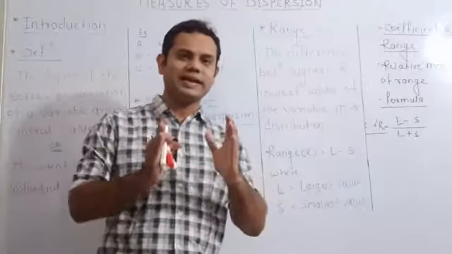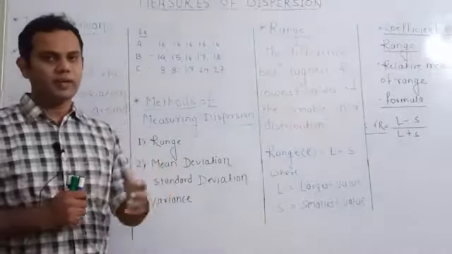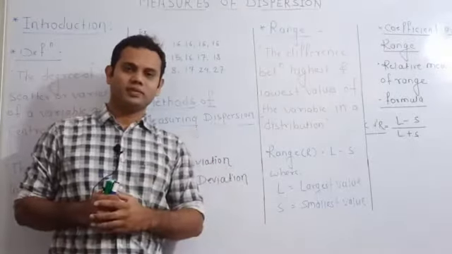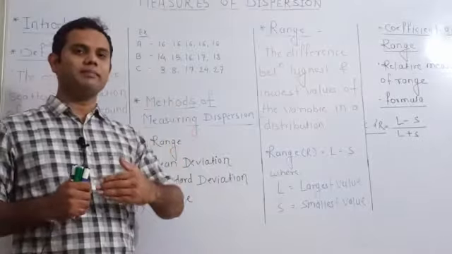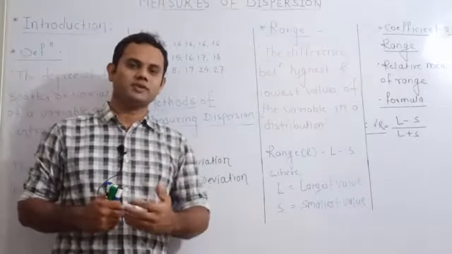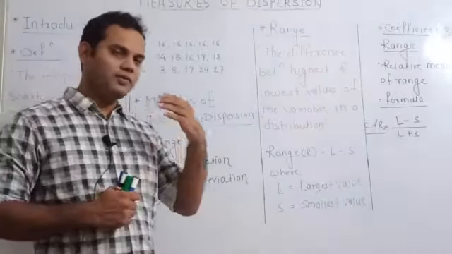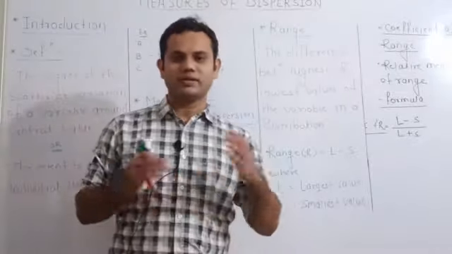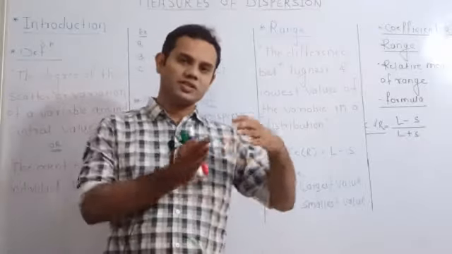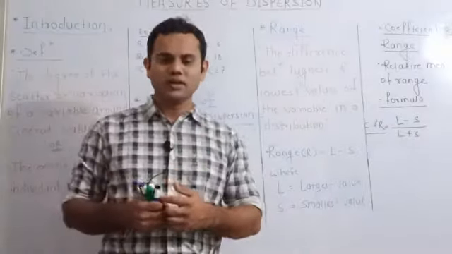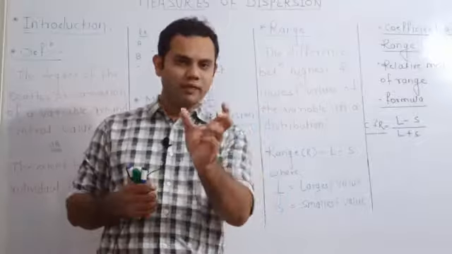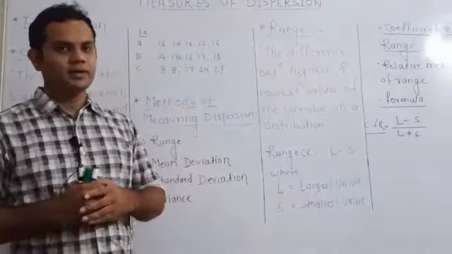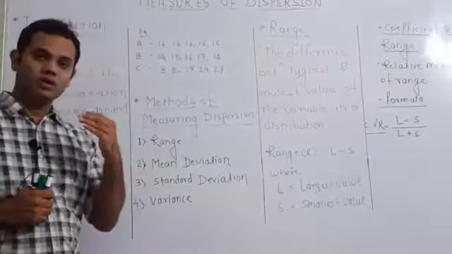Then the second thing we discussed is the median. Median is simply the middle value of the observations. If you are given 10 observations, you have to arrange them in ascending order, then find the middle value, and that middle value will be your median. Then the last one is your mode.